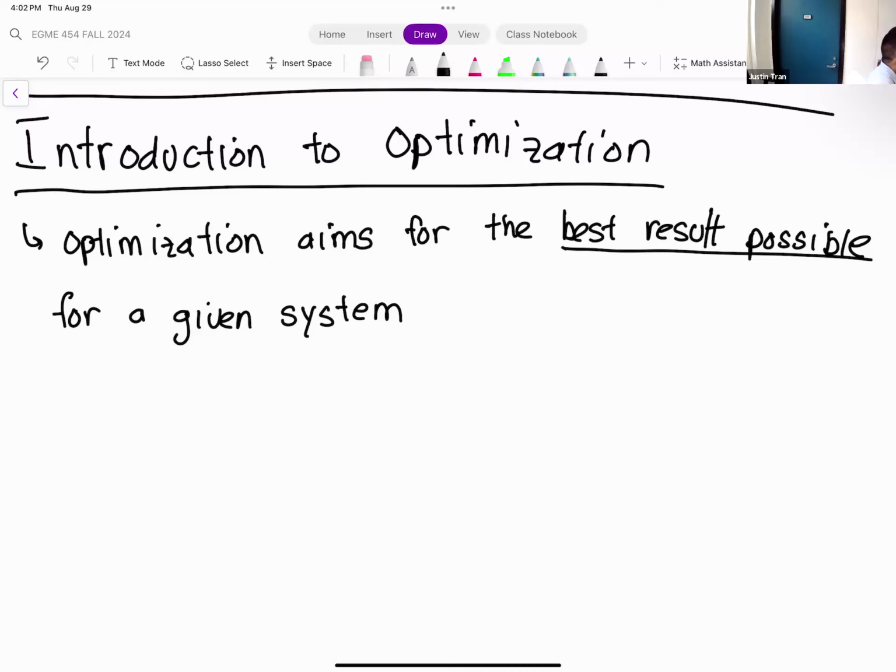So we're literally optimizing the performance, we're optimizing the results of our system. And the way that it does this is by finding the best values of the system parameters that is active.